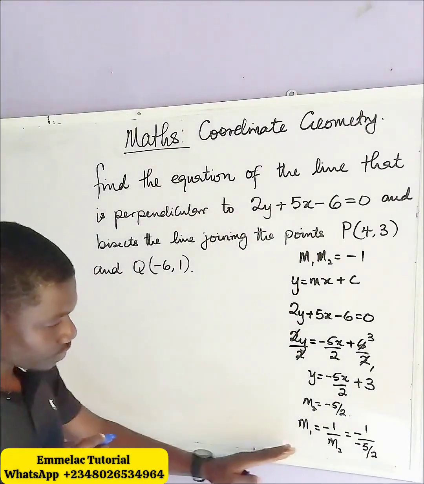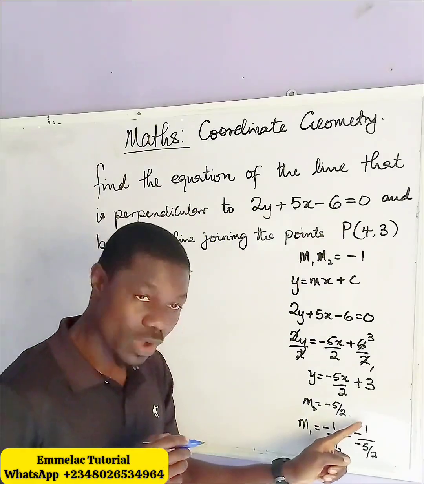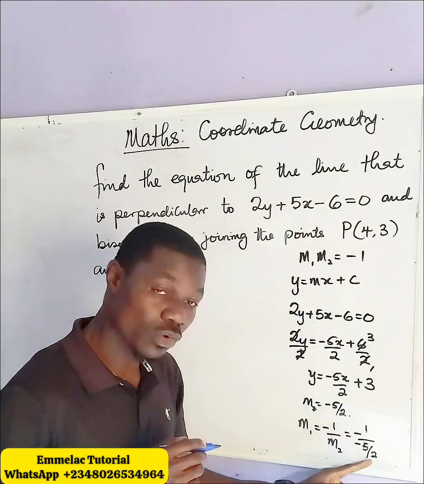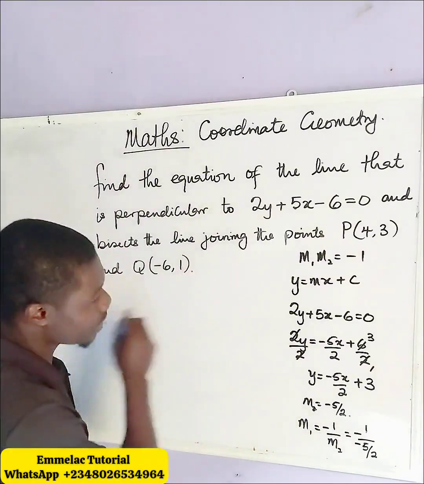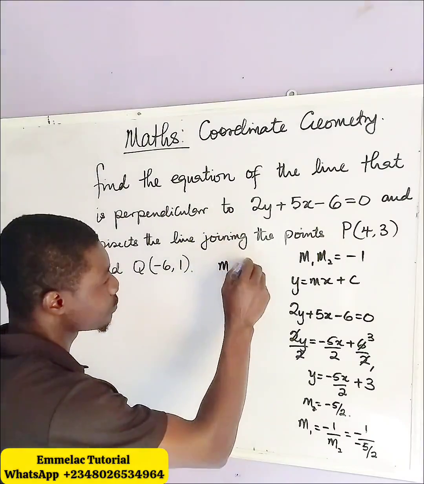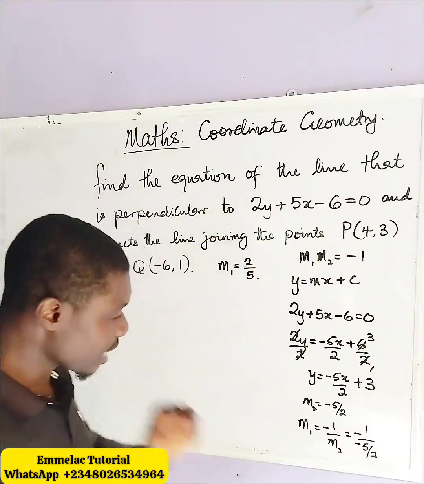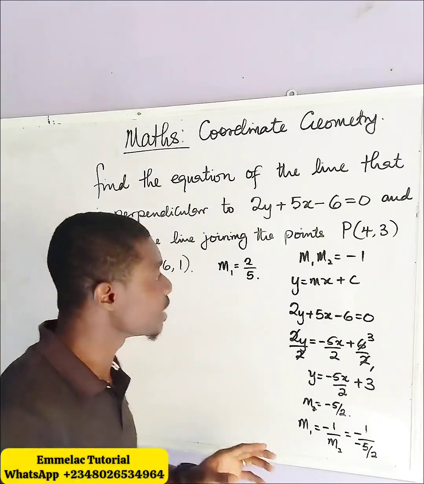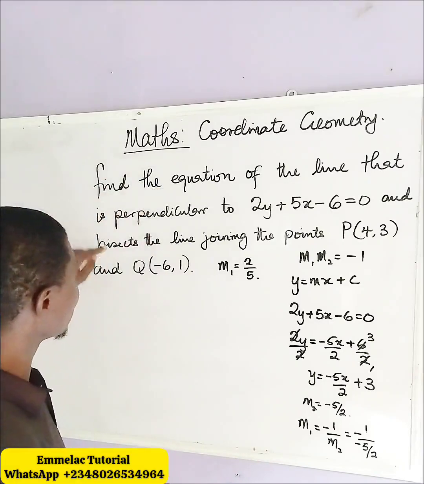So to this end, 1 divided by 5 all over 2, the negatives cancel each other, so we can agree that m1 equals 2 all over 5.